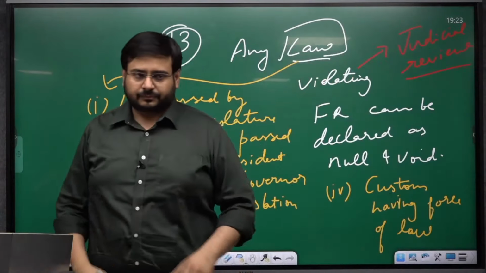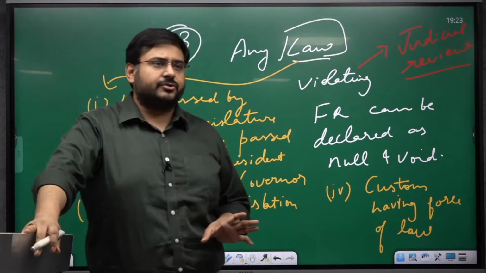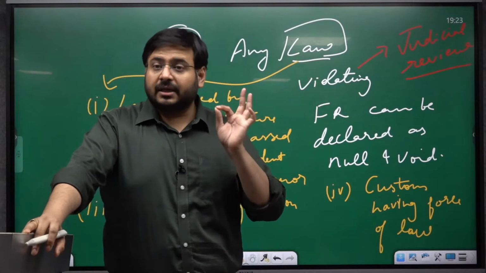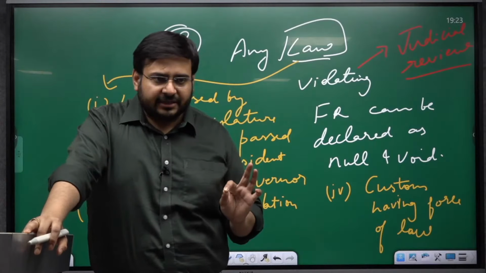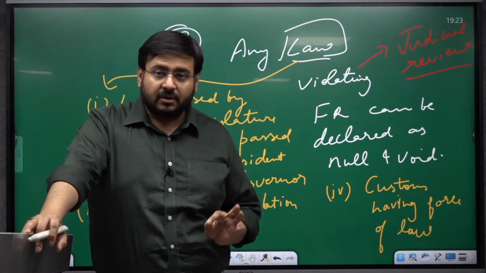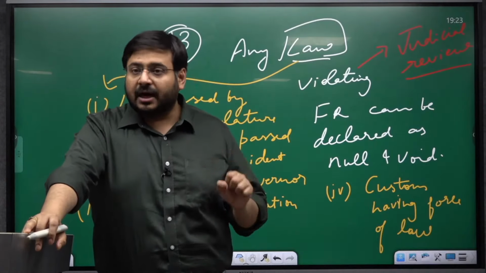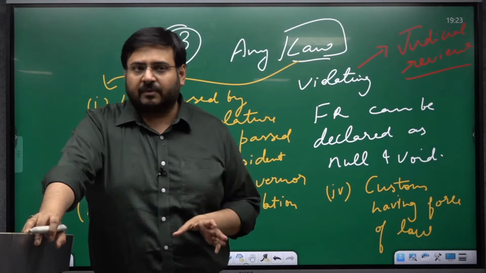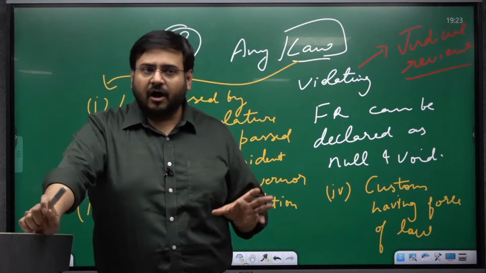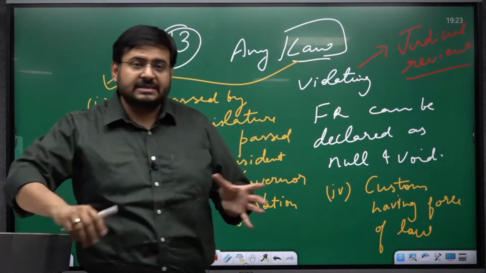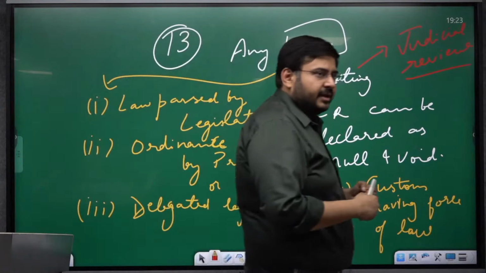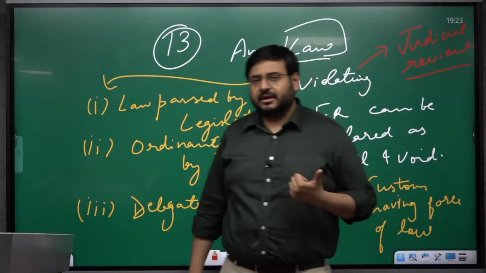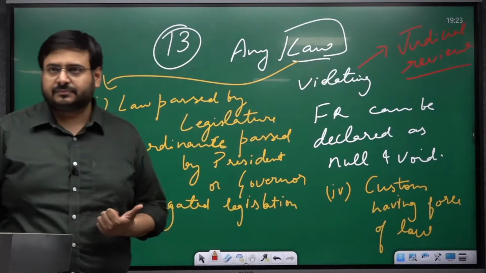It is nowhere mentioned in the constitution. So the question may come that the term judicial review is nowhere mentioned in the constitution. True or false? True. The term judicial review cannot be interpreted from the constitution. True or false? False, because it can be interpreted. This is implicit in article 13. Are we clear? Very good.